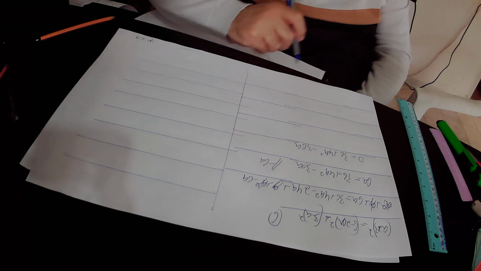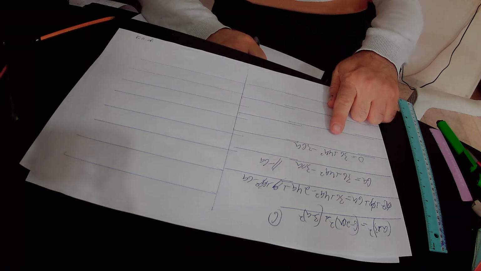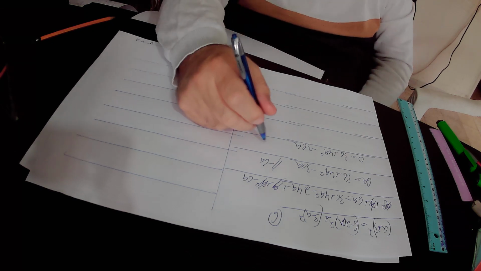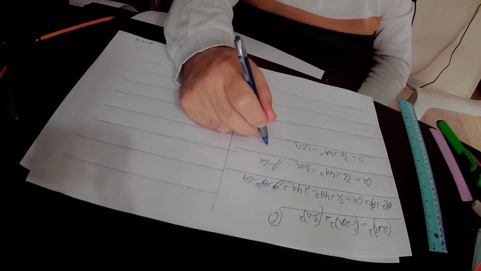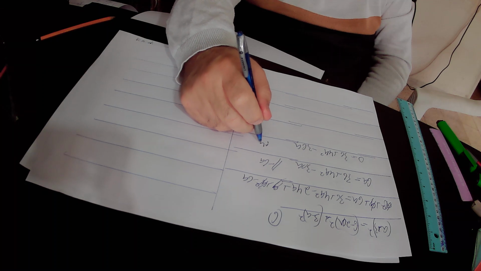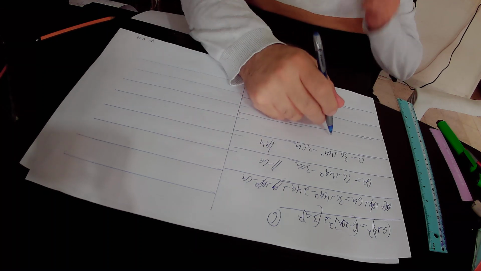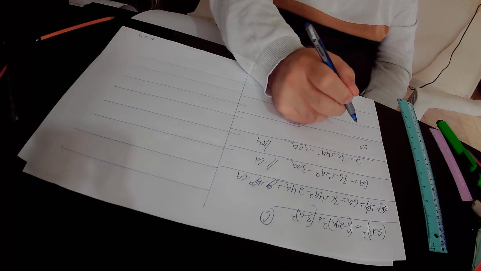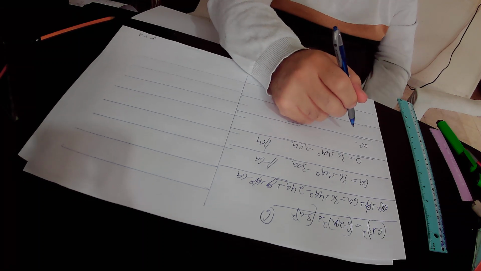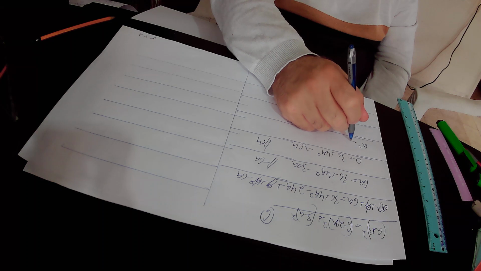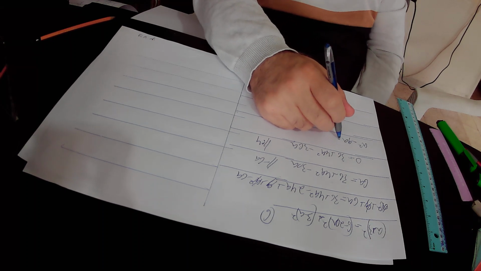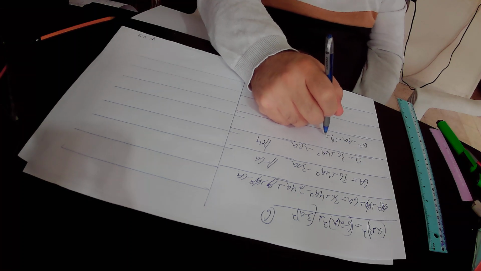So we found that 36 plus 4a squared minus 36a equals 0. Here we divide this equation by 4, of course, and you get that 4a squared over 4 is a squared, minus 36a over 4 is minus 9a, and 36 over 4 is 9, equals 0.